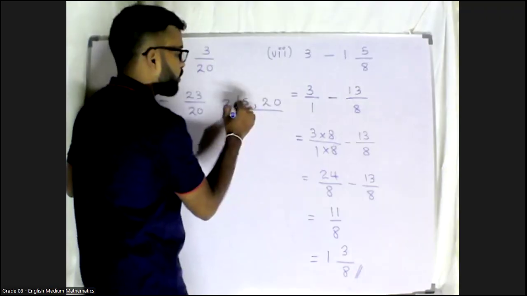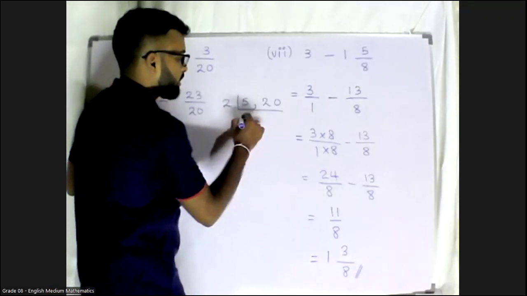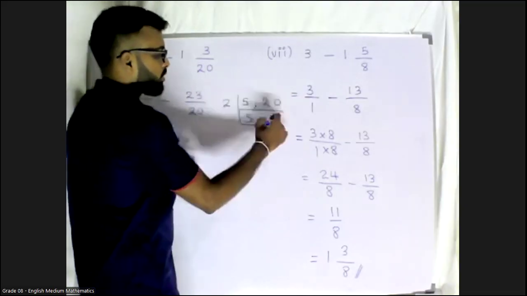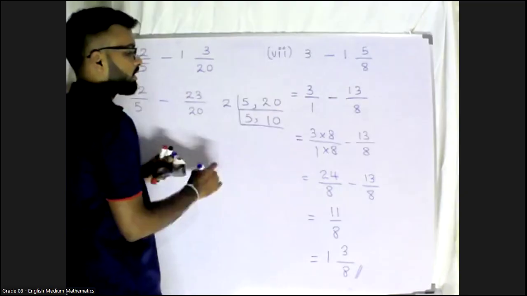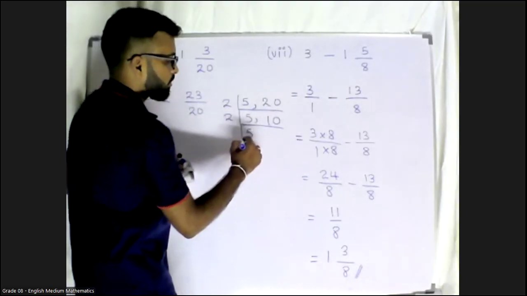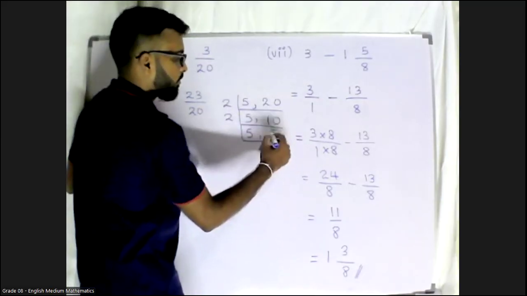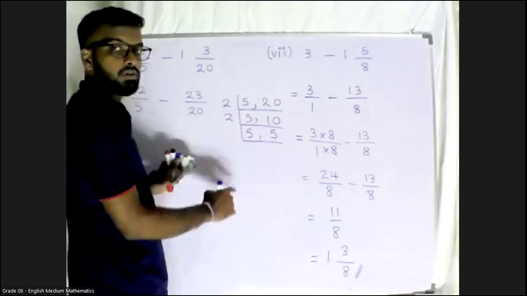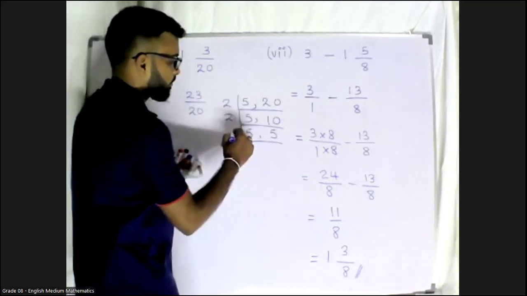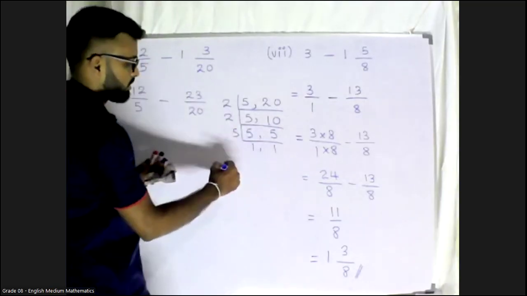I am using 2 as the least prime number. 5 cannot be divided by 2, so I will put 5. 2 times 10, 20. Again you can use 2. 5, write the same. And 2 times 5. Now you have both 5 and 5, then you have to use 5. Until you obtain 1 at the last, you have to do this.